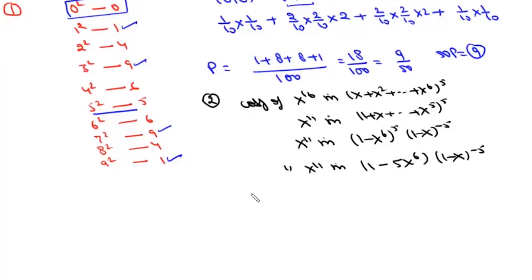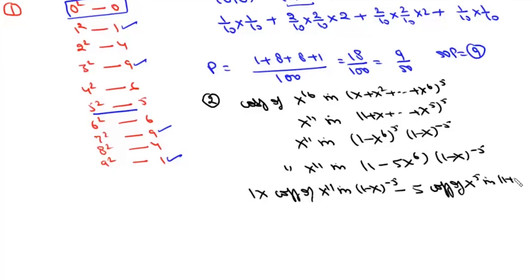Now for this, what we need is 1 into the coefficient of x to the power 11 in (1 minus x) to the power minus 5, and then minus 5 into the coefficient of x to the power 5 in (1 minus x) to the power minus 5. Now this is 11 plus 5 minus 1 C 11, and then minus 5 into 5 plus 5 minus 1 C 5.